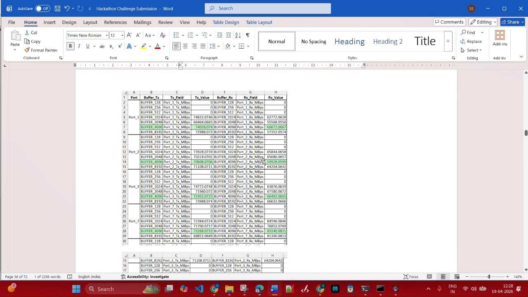Similarly for port two, better values at 4K. Even for port three, better values at 4K. But for 1024 itself, I'm observing a better value for the 100% write case, so even for 1024, I'm getting the best here.